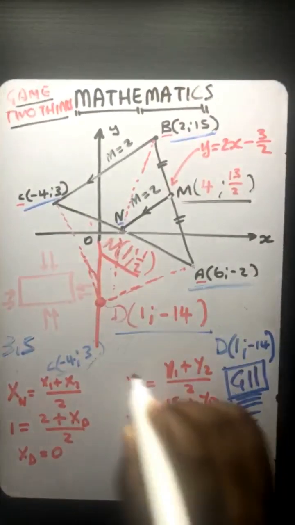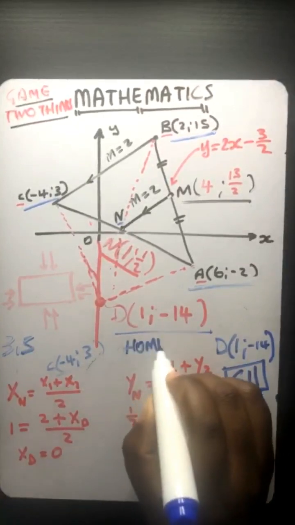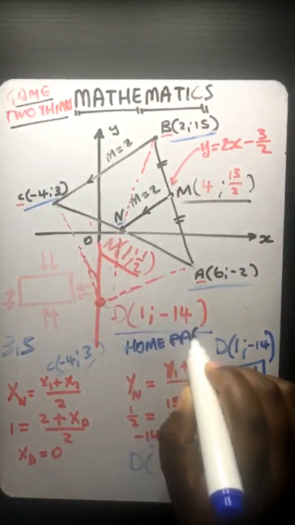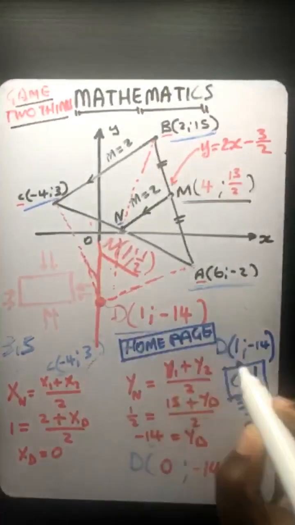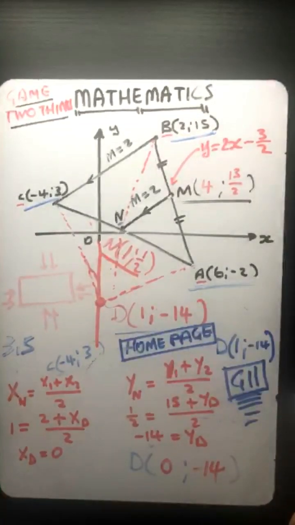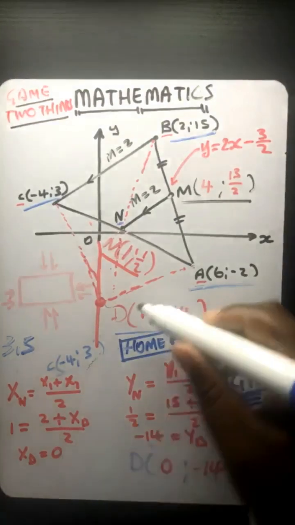Sir, can I ask something quickly about something that I've said before? You remember when I said I just wanted to verify something, because I see our y when we are looking at d being equivalent to negative 14.